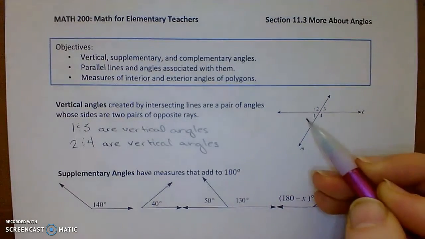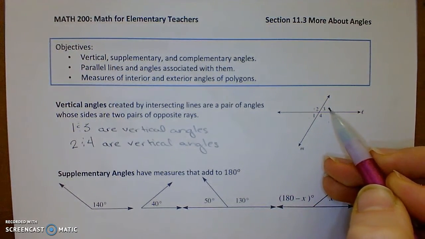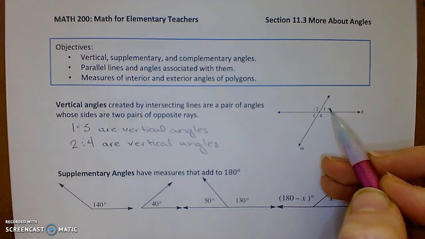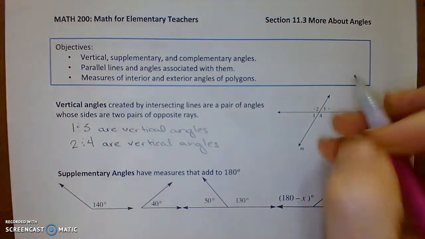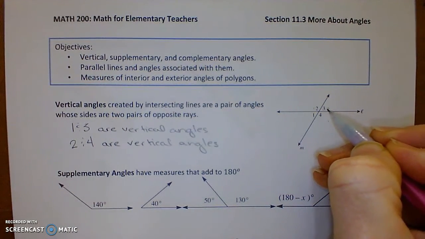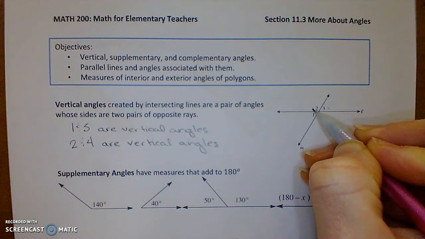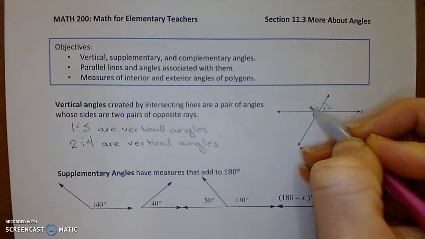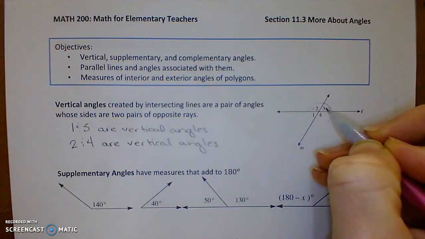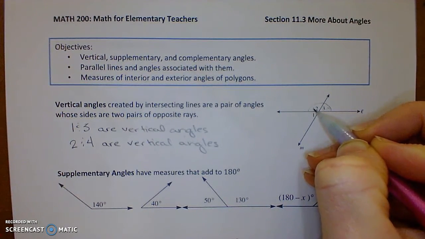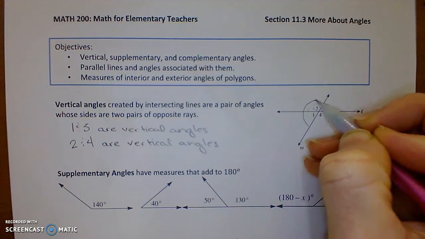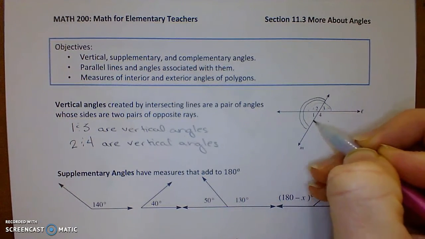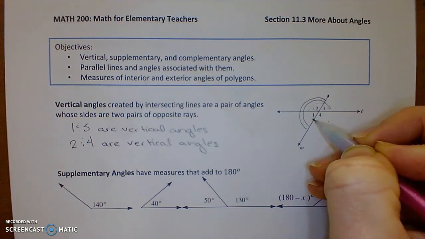All right, so you notice that they look like they have the same measure, and indeed they will have the same measure because angles 3 and 2 here are supplementary, meaning they add up to a straight line or 180 degrees, and also 1 and 2 add up to 180 degrees.